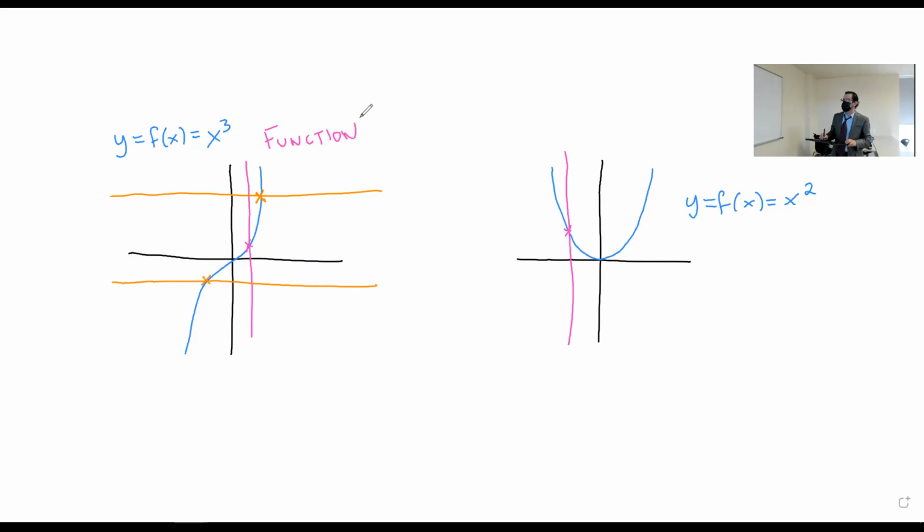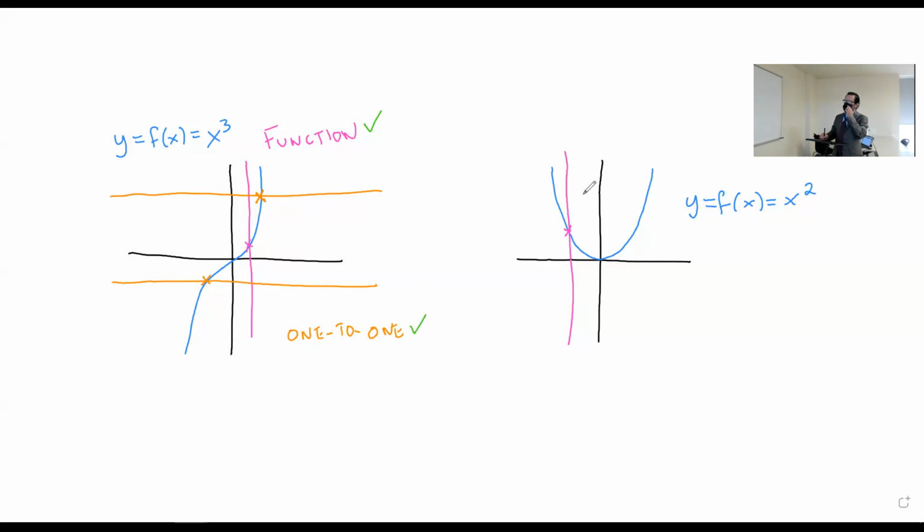That's a pink one, so it is a function. And is it one-to-one? It is, because it only intersects in one point.